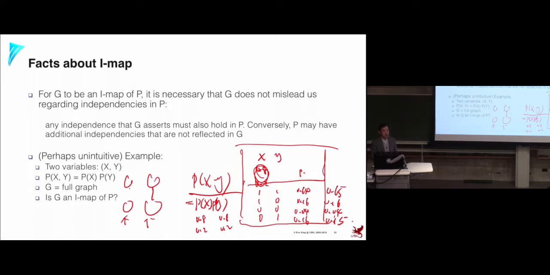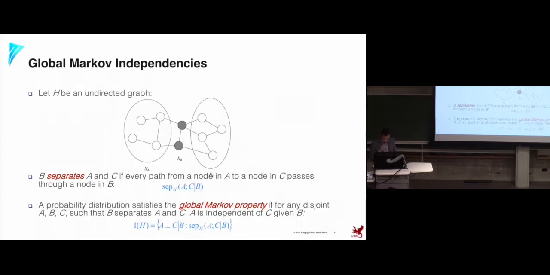It shouldn't be that I claim to have an independence in the graph, but actually in my distribution they are dependent, even though I follow the rule of building graphical models as I just specified earlier, which actually has a name called the Hammersley-Clifford theorem. So how do we establish this equivalence?